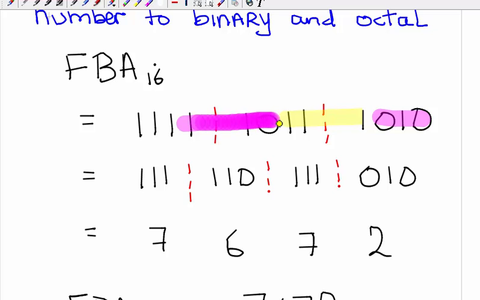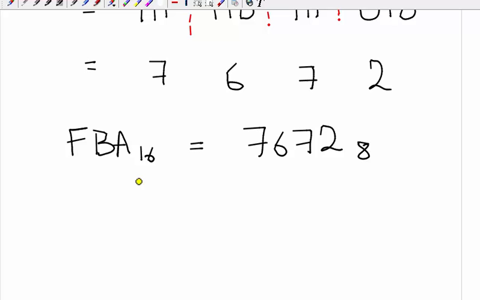Here we go, and then 111 out here. So we just rearrange them into groups. We have 111, which is 7, 110, which is 6, 111, which is 7, and 010, which is 2. So FBA to the base 16 is equal to 7672 to the base 8.